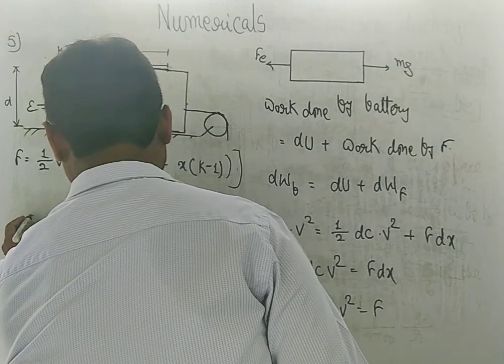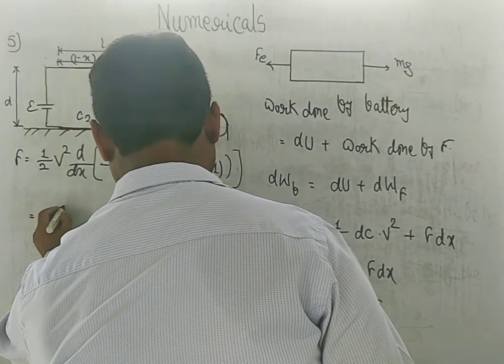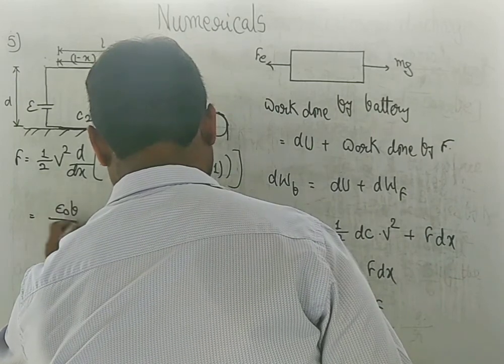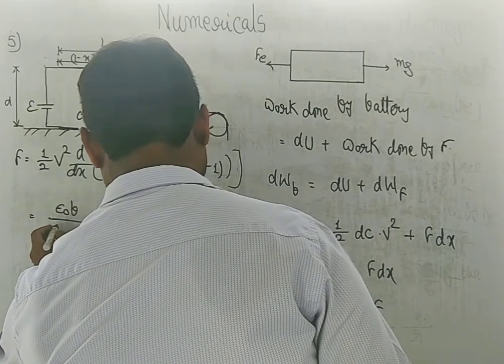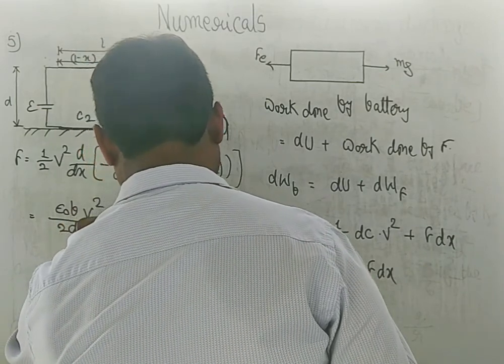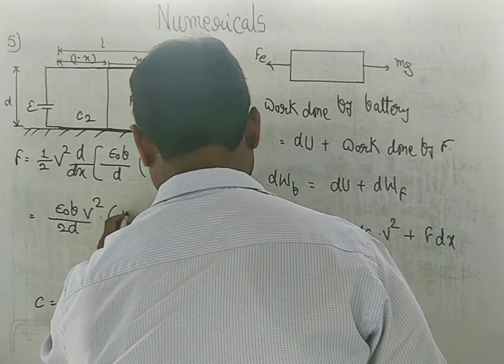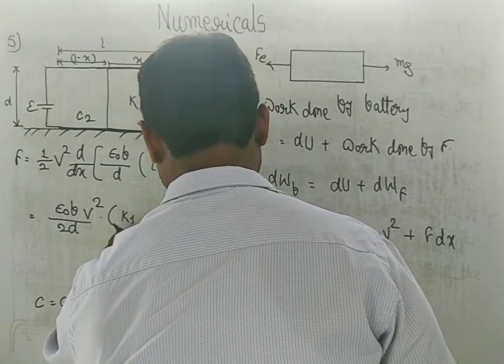So we have the final answer for F equal to epsilon naught b upon 2D into V square as the constant term, and the differentiation gives K minus 1.